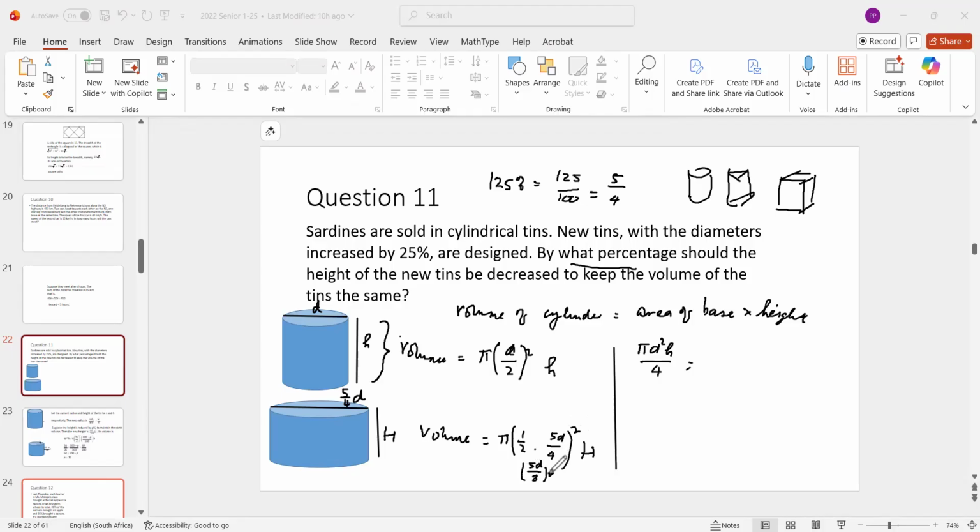Okay, so the numerator is being squared. Is 5d all squared, which is 25d squared. Well, there's a pi times the numerator squared over 2 4 is 8, that's 64, times h. So now you can cancel. The pi is cancelled, the d squared cancels, and you have h.